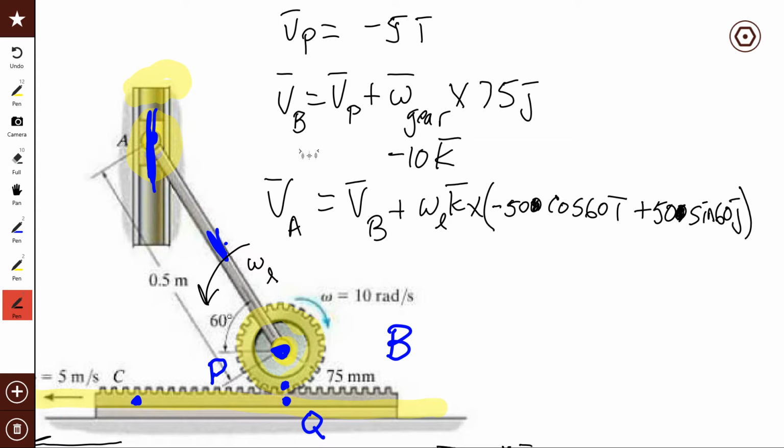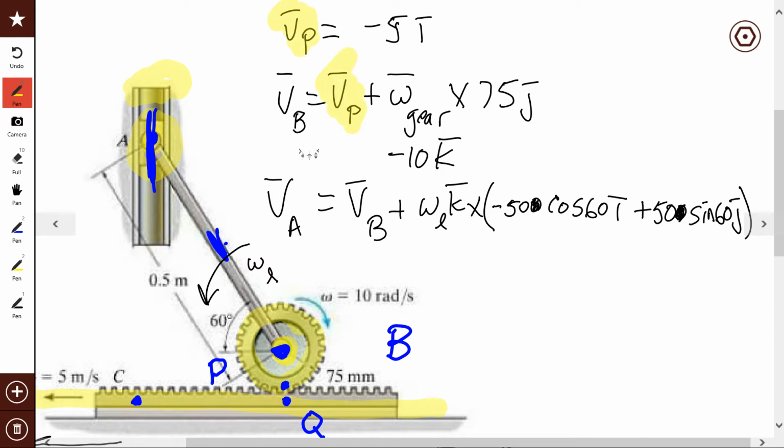I know P, so I know this guy completely. I'm going to take that and put it in here. Any unknowns in here? What's unknown there? VB? You got an i and a j maybe. So the second equation is going to tell me what B is doing. Okay, I'm going to take that and I'm going to put it in here.